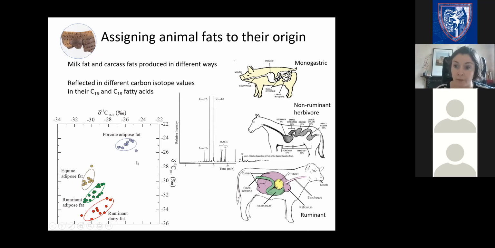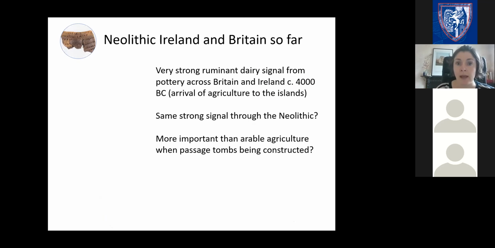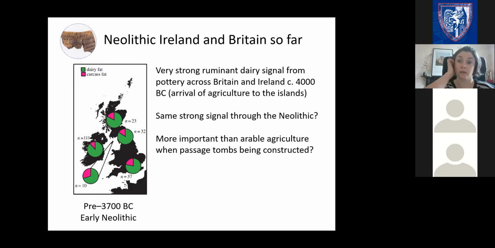That's how we tell different fat types apart: we measure their carbon isotope values. The significance for somewhere like Ireland and Britain is that looking at huge collections of these Neolithic pottery sherds, we see a really strong dairy signal. So you see here, green is dairy, and pink is carcass or adipose fats.